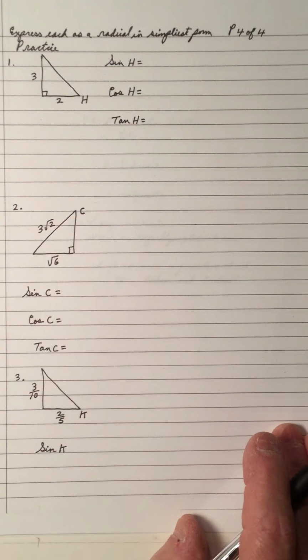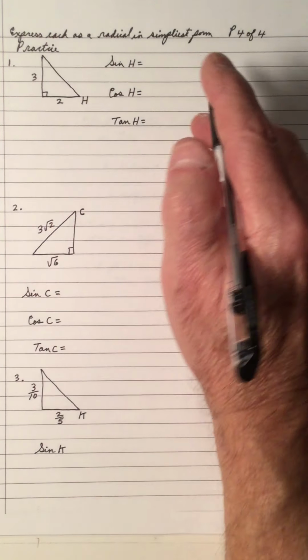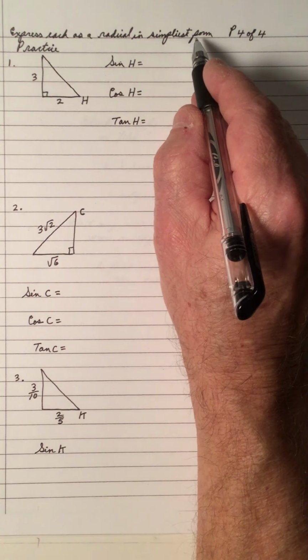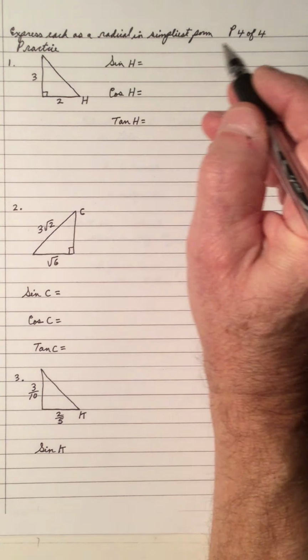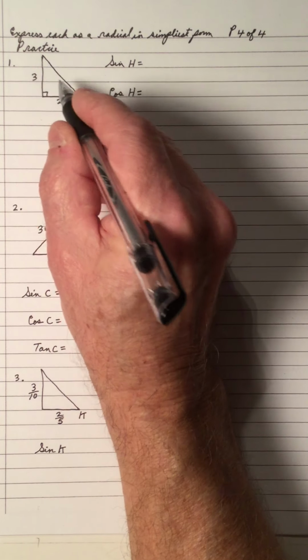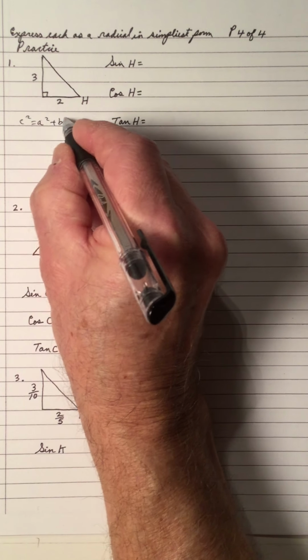Now we've got to do some of these in terms of practicing. So we need to express each as a radical in simplest form. We have two sides and we need to get the third. So c squared is a squared plus b squared.